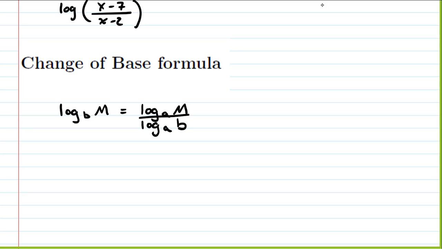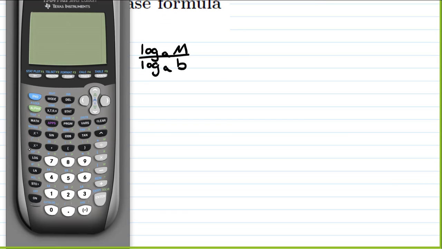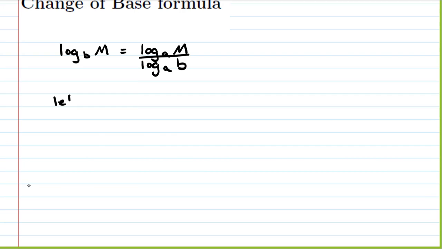We're like, well, that's nice. So we can change a logarithm of any base to a logarithm of any other base. It turns out, since every scientific calculator always has two logarithm buttons, namely the natural log and the common log, why don't we let a equal 10, and we're going to let a equal e.